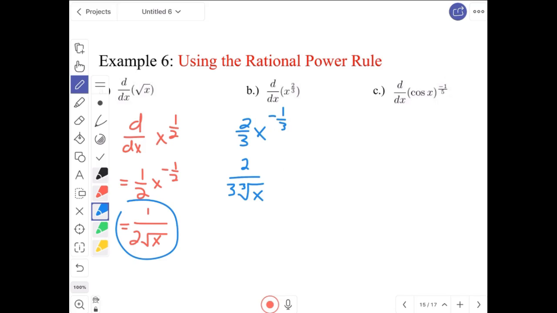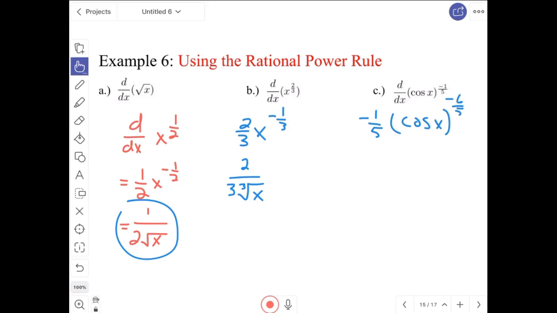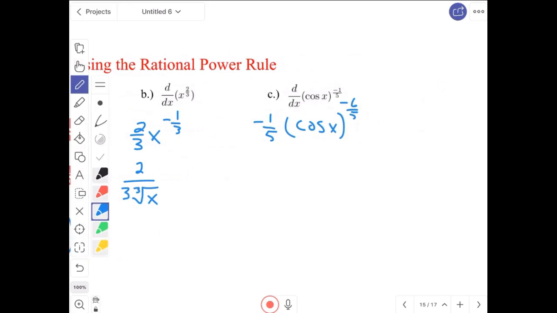And then our last one here, if we have negative 1/5 cosine to the negative 1/5 power, so we will bring down our negative 1/5, and we're going to leave that cosine alone. And then if it's out of 5, 1 less than that would be to the negative 6/5. And then using the chain rule, we would take the derivative of the inside, which would be negative sine of x.